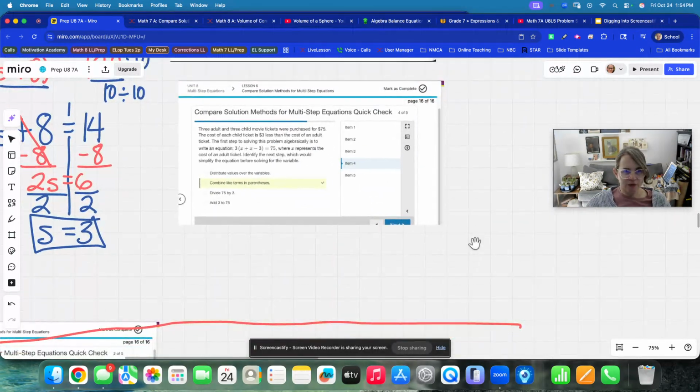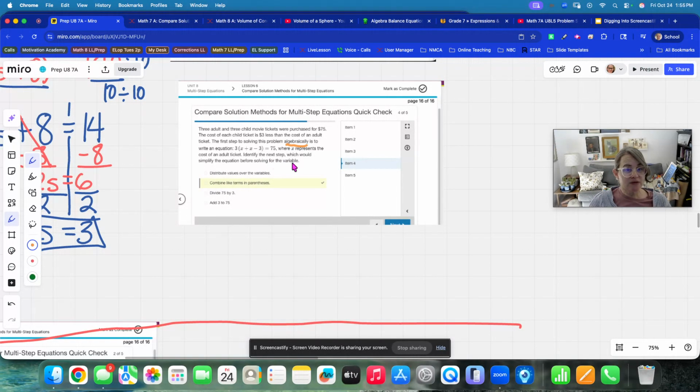This is a quick check problem. 3 adult and 3 child movie tickets were purchased for $75. The cost of each child ticket is $3 less than the cost of an adult ticket. The first step to solving this problem algebraically is to write the equation, where x represents the cost of an adult ticket.